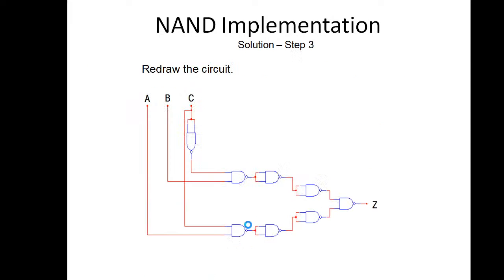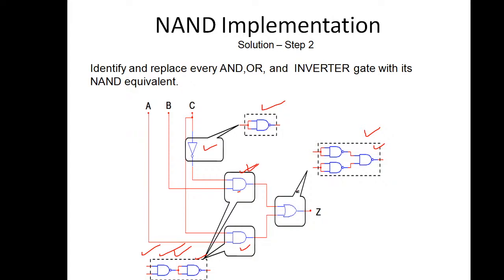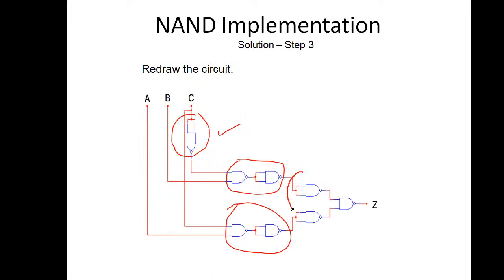Okay. So we are getting again this. And if you see this one, the OR is going to be replaced by this type of circuit. So this way, you will get the NAND based equivalent OR circuit.